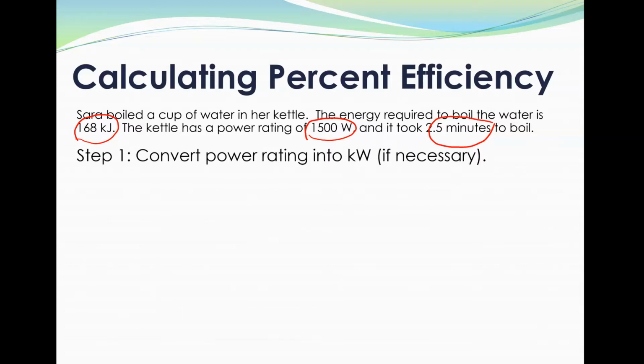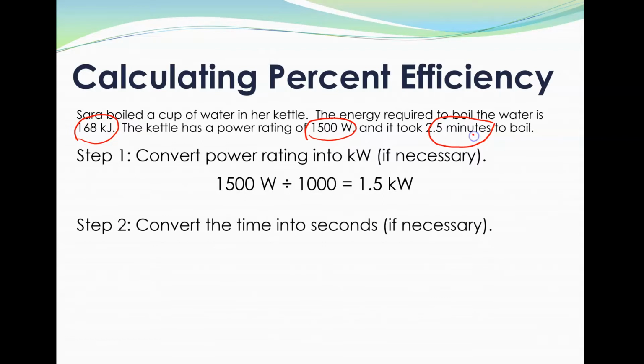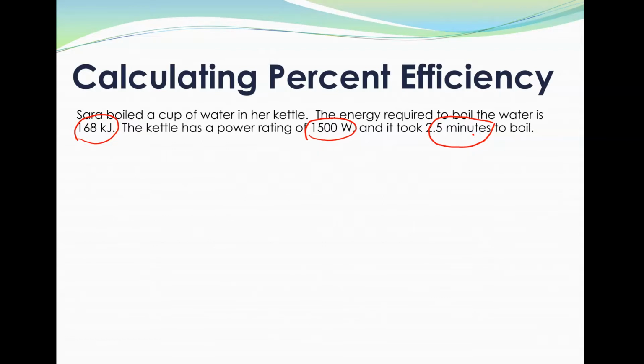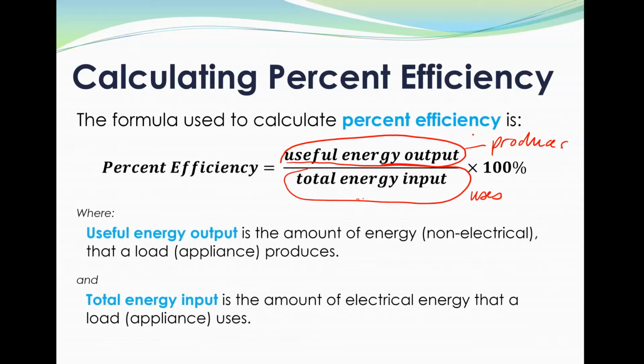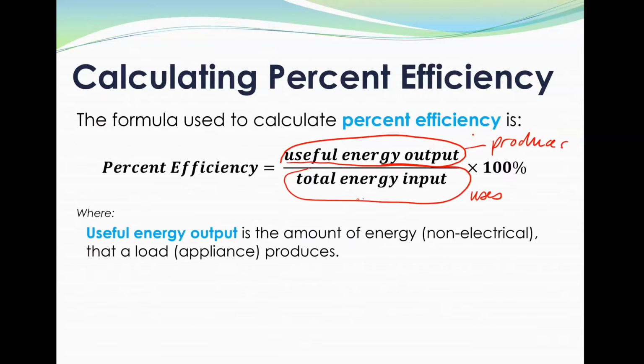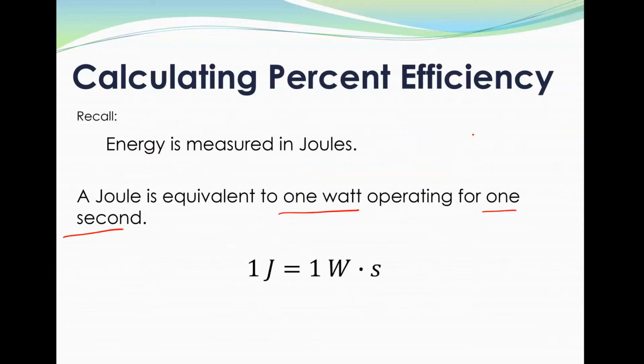Calculating the efficiency. So we have to do some conversions because 1500 watts, we need to convert that into kilowatts. And so we just divide that by 1,000. We've done that before. So the power rating is 1.5 kilowatts. And we're converting the minutes into seconds because, remember, 1 joule is equal to 1 watt second.